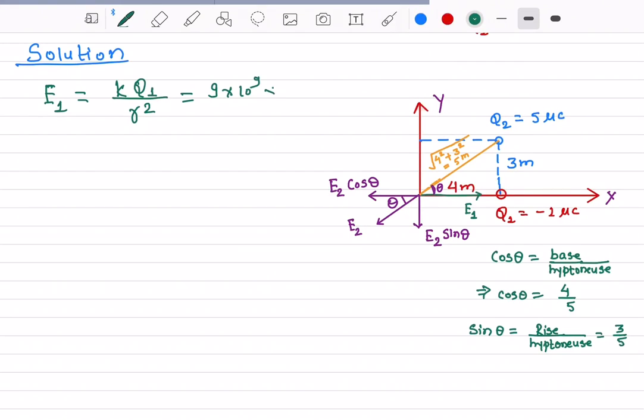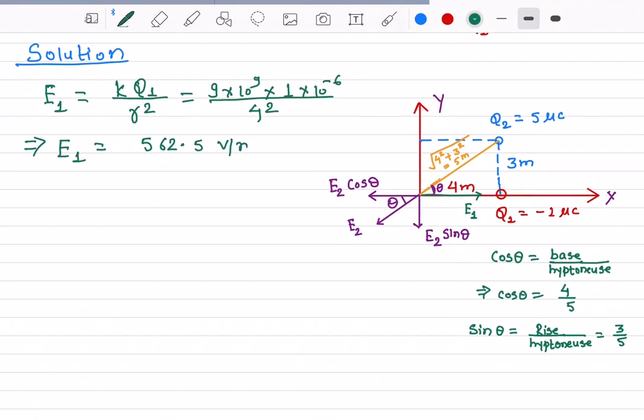We know the value of K, which is a constant, 9 times 10 to the 9. And the Q1 value is 1 microcoulomb, 1 times 10 to the minus 6. Here I'm only using the magnitude because we have already defined the direction, so we do not need to put the negative sign. R is the distance between the charge and the point, in this case 4 meter, so we have 4 squared.